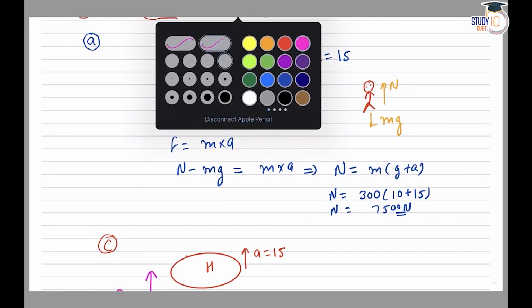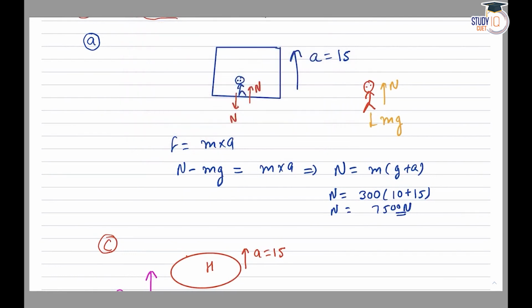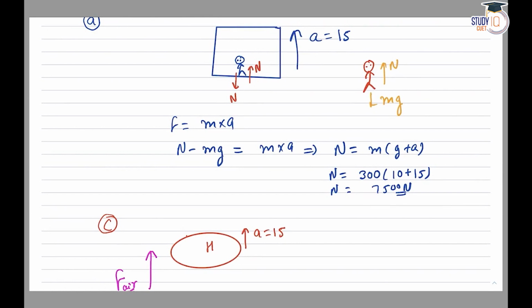So by making the free body diagram, we can say that due to air, the force is acting in the vertical direction upward, and due to gravity, the force is acting in the downward direction, equal to the mass of the crew plus the mass of the helicopter into g. The net force is in the upward direction, so F of air minus (m1 plus m2) into g is equal to (m1 plus m2) into a.